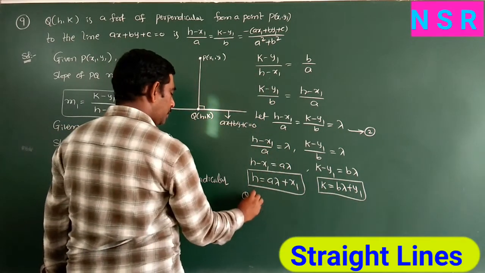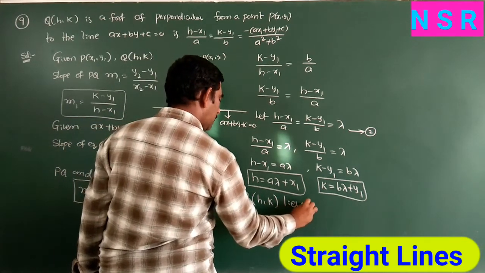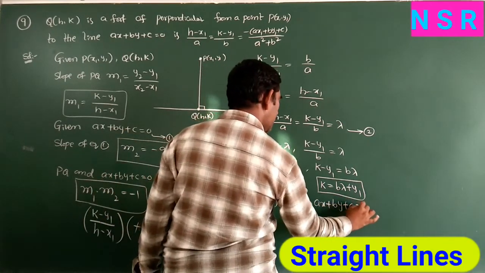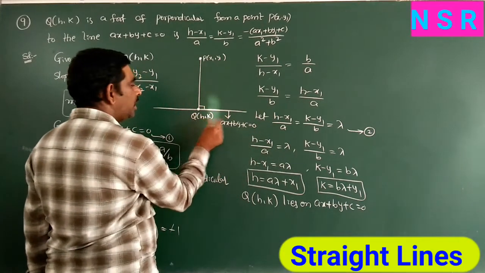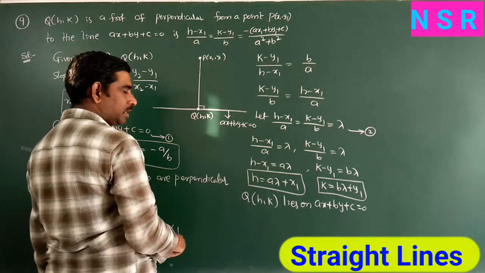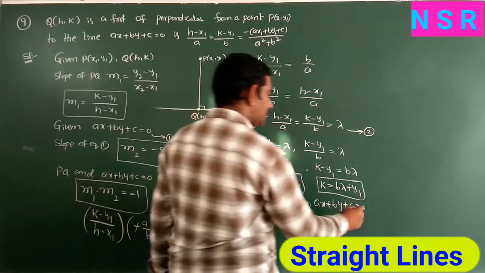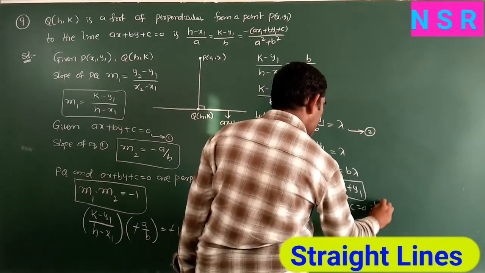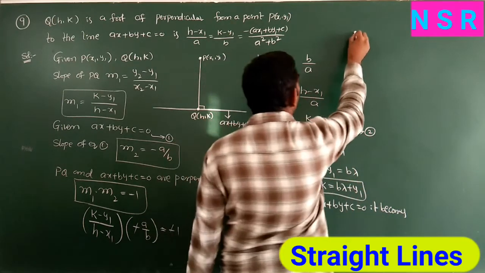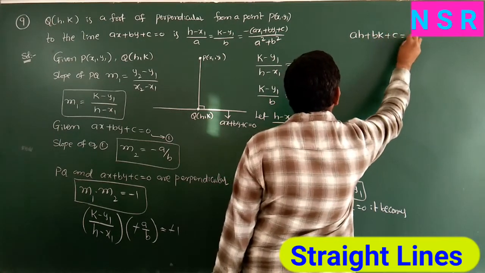Now Q(h, k) lies on ax plus by plus c equal to 0. If a point lies on a line, in place of x, y we can substitute h, k. So it becomes a into h plus b into k plus c equal to 0.